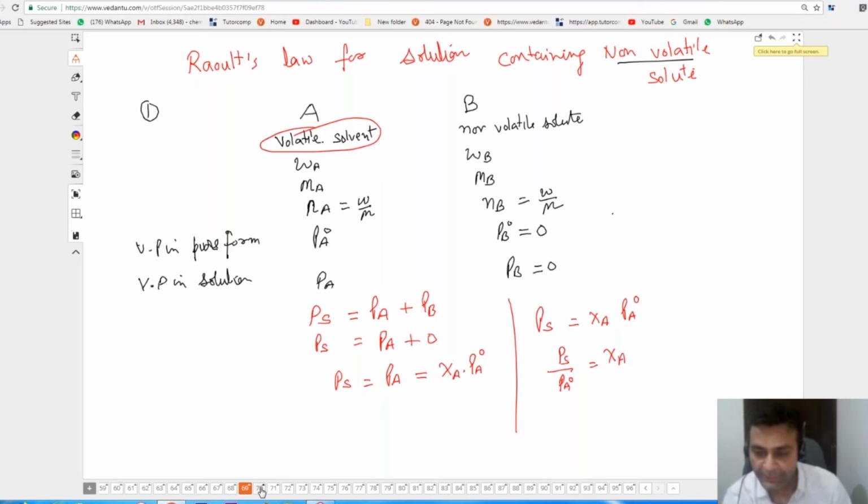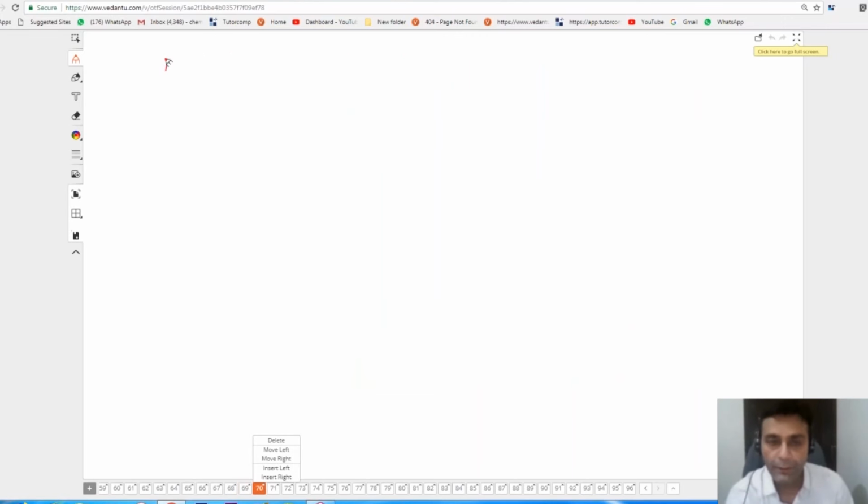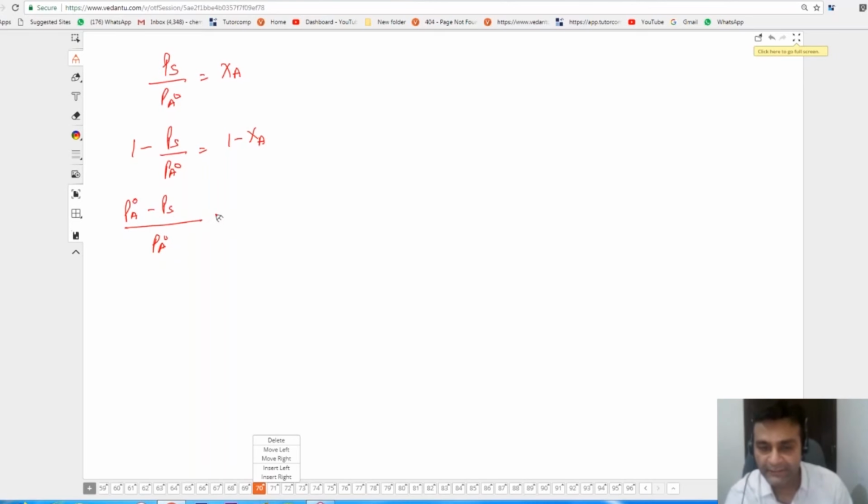So I'm going to the next page now. So I can say PS upon PA naught is equal to mole fraction of A. If I subtract both sides from 1, mathematically it is not going to affect anything, but it is not giving me another property that I'll discuss here.